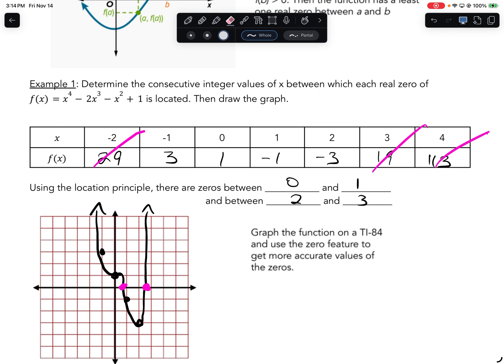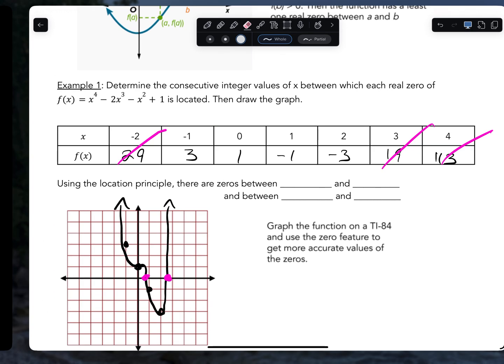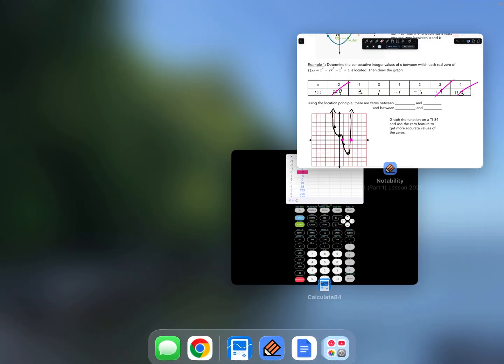We're going to put it into y equals. So once you write all that stuff, hit y equals and put that function into y equals. It's a way faster way to do it. I'm going to erase those too.